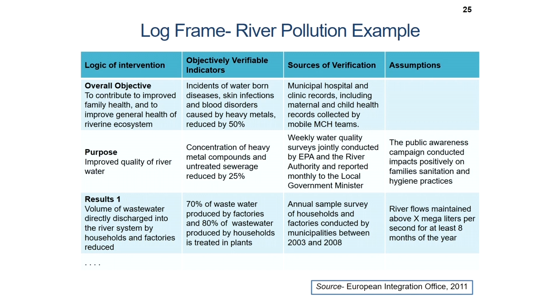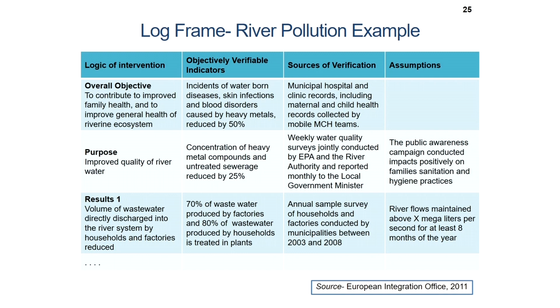Then the objectively verifiable indicators: incidence of waterborne diseases, with municipal hospital and clinic records for the objective; for the OVI, concentration of heavy metal compounds, with sources of verification being weekly water quality surveys; for the OVI, 70% of wastewater produced by factories and 80% of wastewater produced by households treated in plants, with an annual sample survey of households and factories conducted by municipalities between 2003 and 2008.